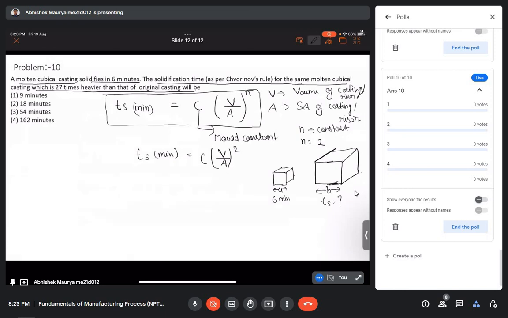Okay, till now I haven't received any response, so it may be because of the numerical calculations. But still let's try to solve it together. Later on you can verify your answer with the solution which I am providing.